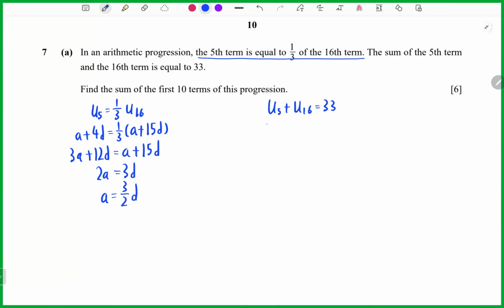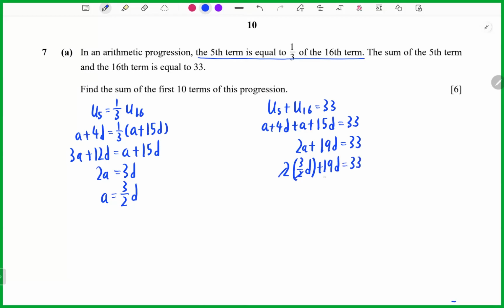Okay, so I write a plus 4d plus a plus 15d equals 33. So here you will get 2a plus 19d equals 33. So I can put here a, so 3 over 2 d plus 19d equals 33.